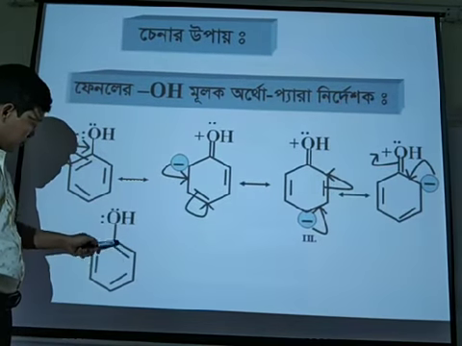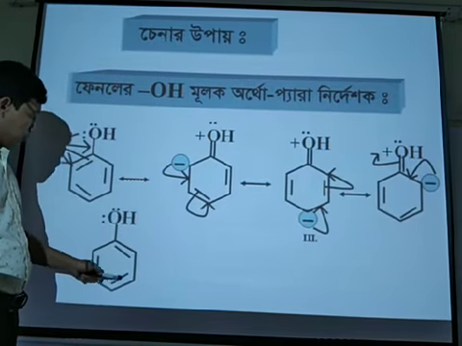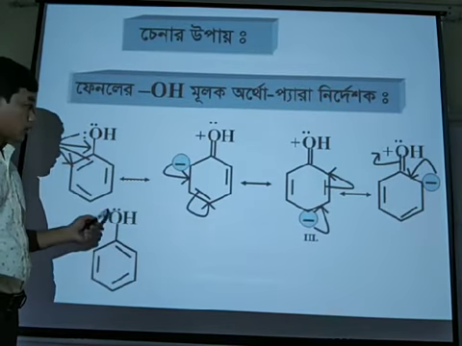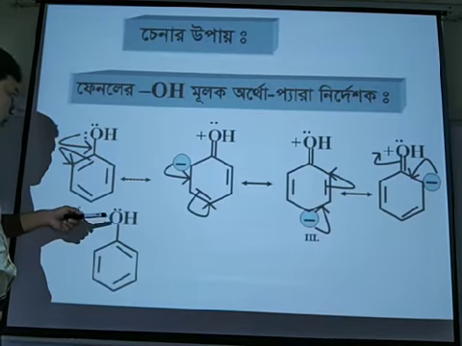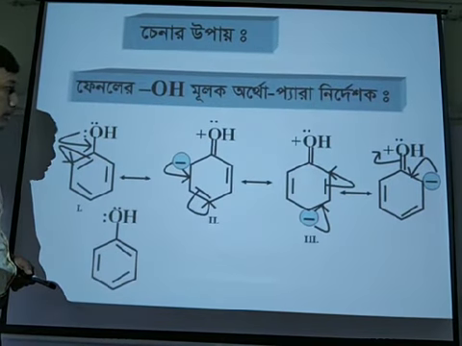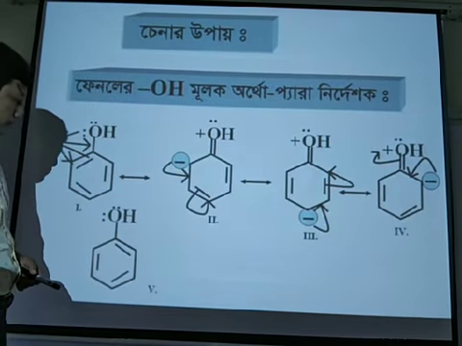But here the three pi bonds have changed their position. So these are the resonance structures, and now we have to number them. Then we will get 5 resonance structures.